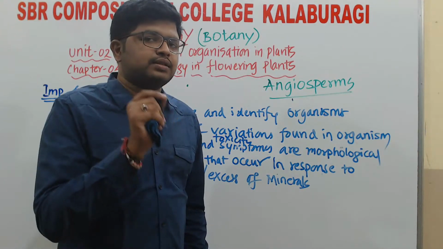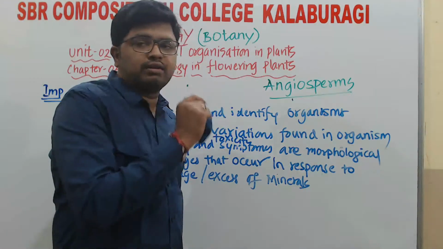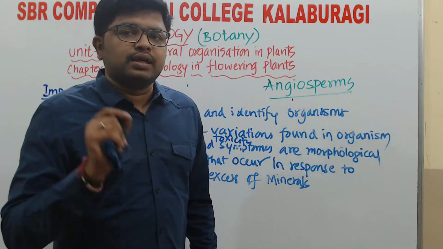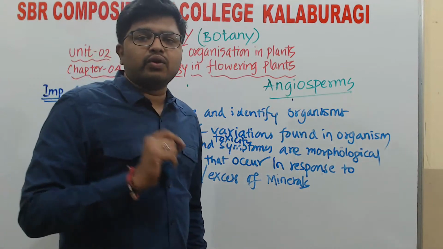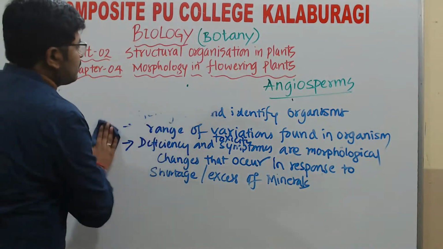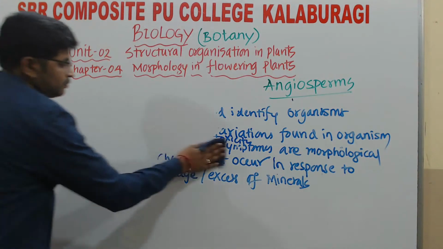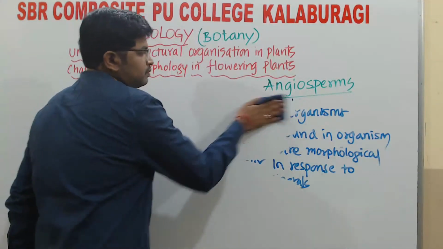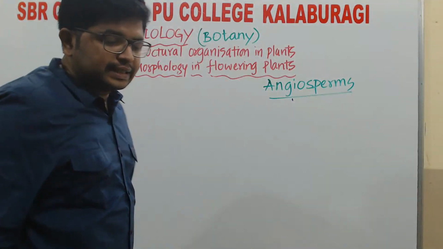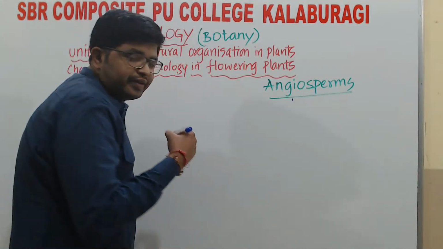Since, as per the revised NCERT syllabus, only inflorescence and the flower are included in your syllabus, we are going to start our discussion with respect to the inflorescence and the flower. Now, what is this inflorescence?